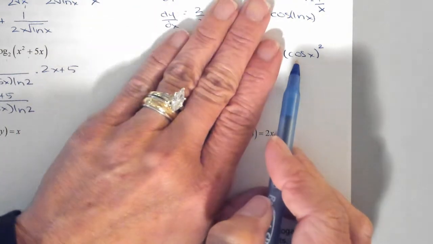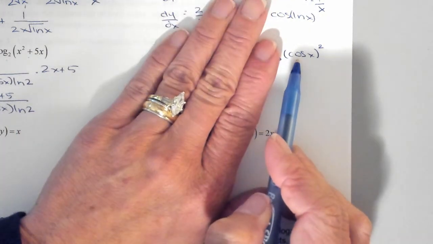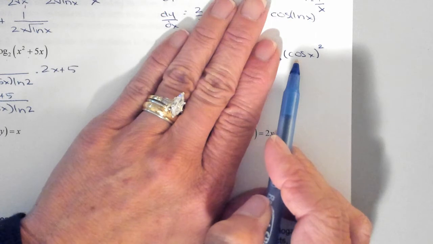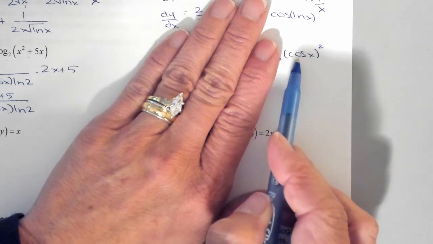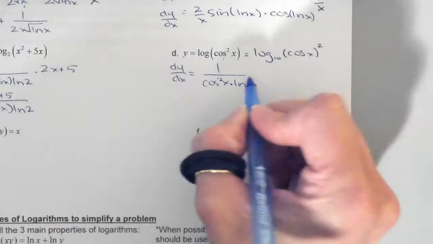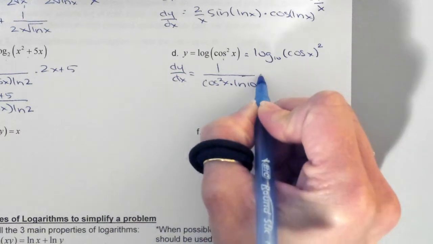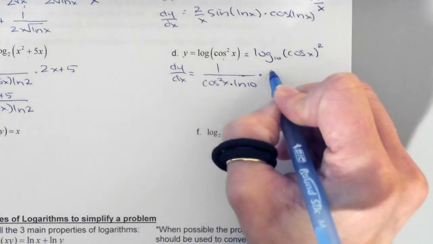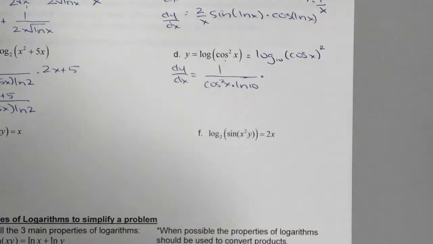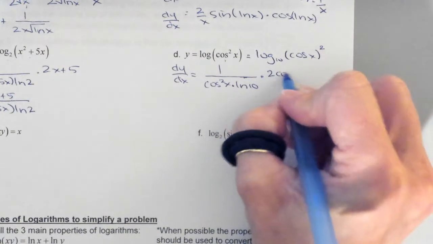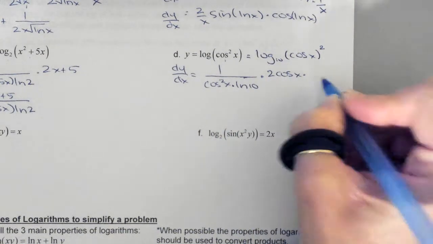Just this part right here. Plain. Outer shell. Okay, so what's the derivative of the first part? 2 cosine x times negative sine.